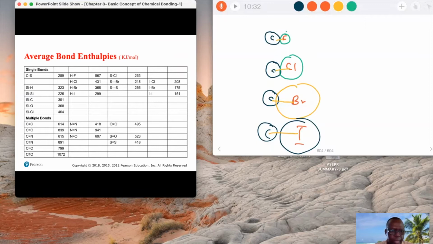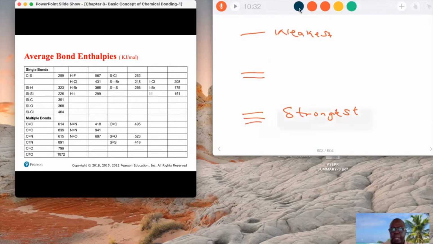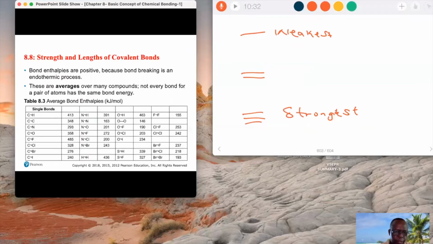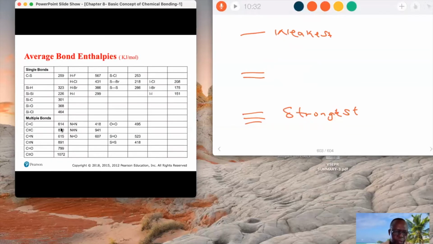I think I did mention this for multiple bonds. Multiple bonds right here. This is the weakest, this is the strongest. If you look at carbon, triple bond versus double bond, 614, 839, and I think in the previous section we have carbon, you see 348 versus 614 versus 839.